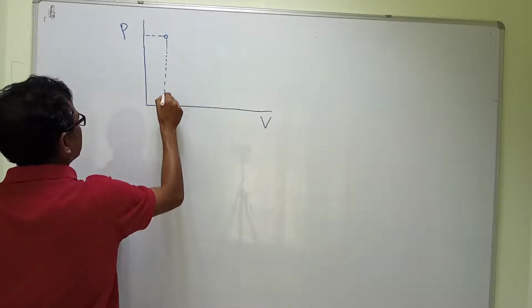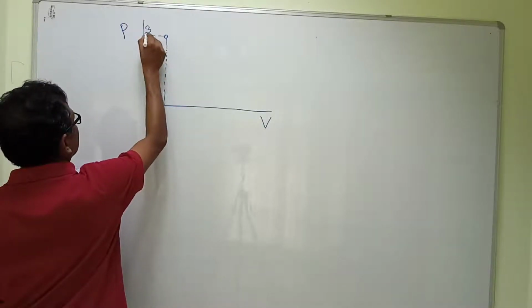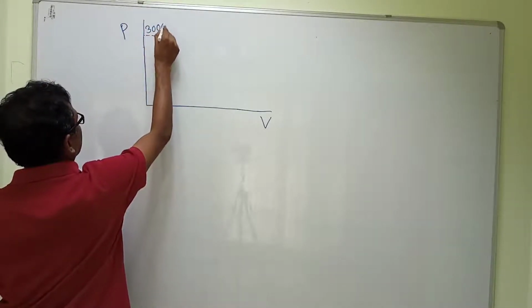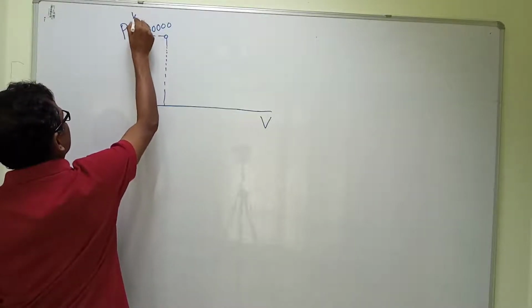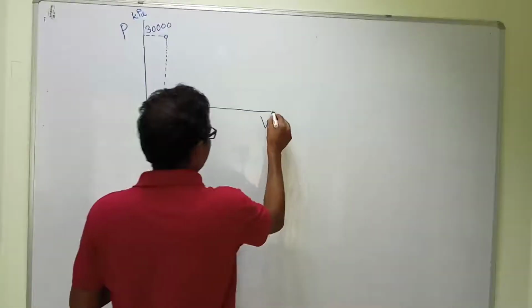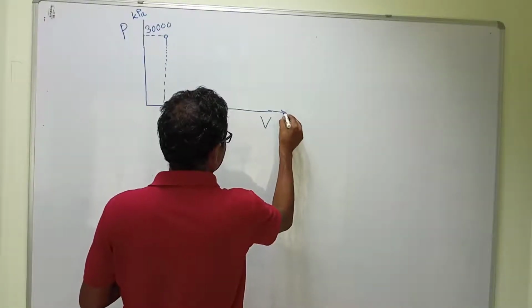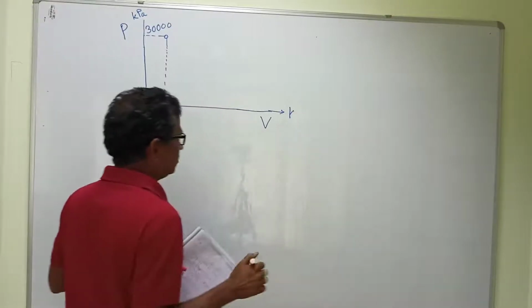Here pressure is 30,000 kilopascal, pressure is in kilopascal, and specific volume is in meter cube per kg.